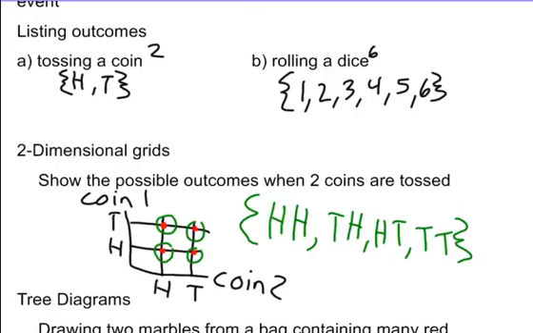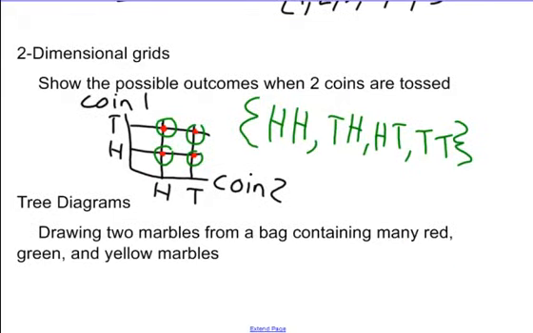Okay? So being able to represent this, we can actually see on a grid that there are going to be 4 different outcomes because there are 4 different intersections, because each point represents a possible outcome.